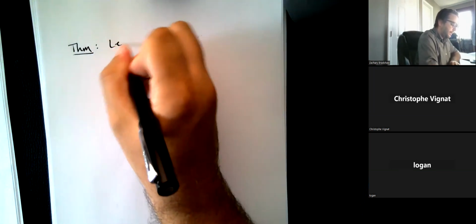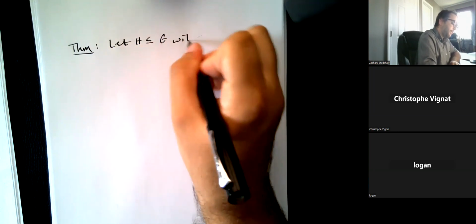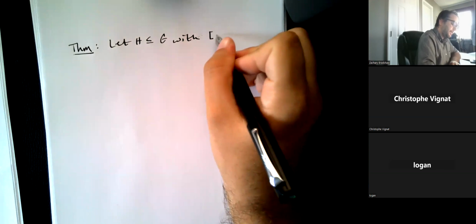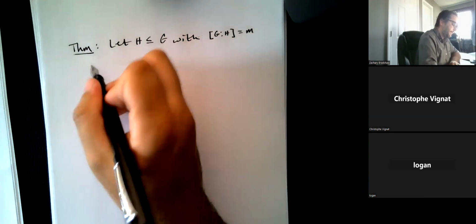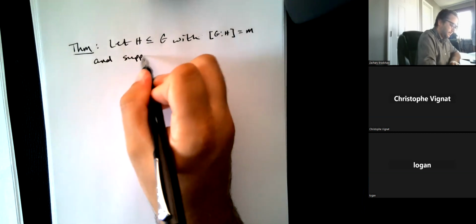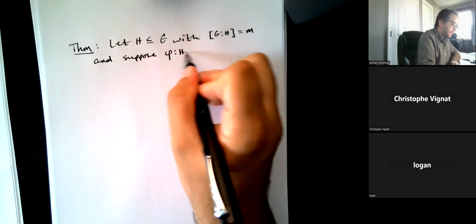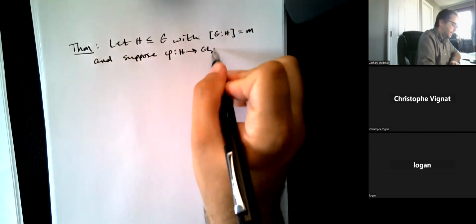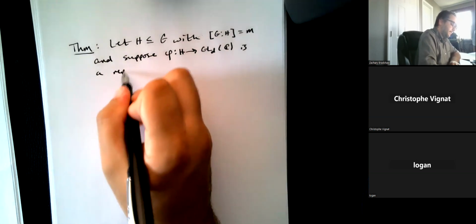So again, H is a subgroup of G, and we're going to assume that the index of H in G is m for notational convenience, and suppose that phi from H to GL_d(C) is a representation.